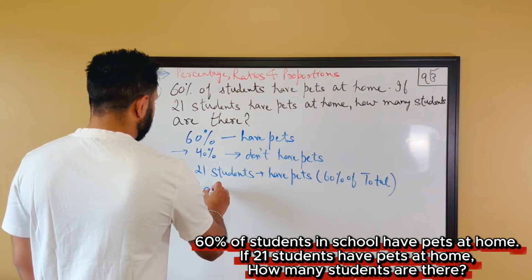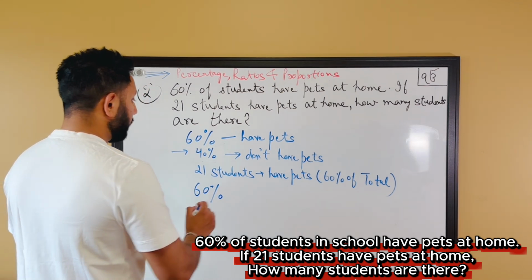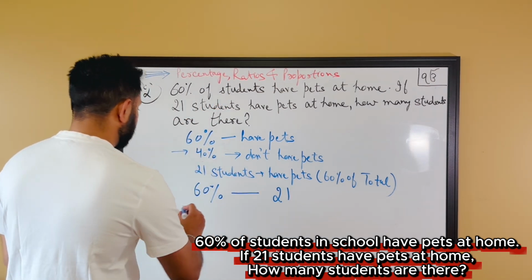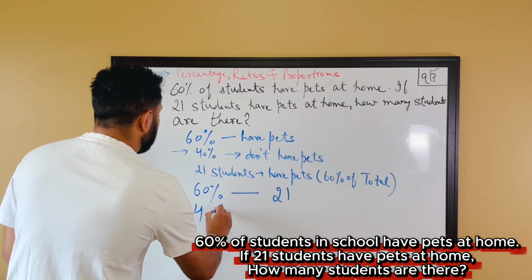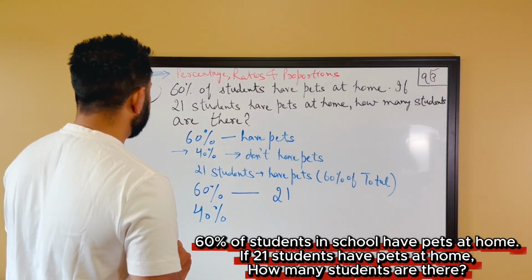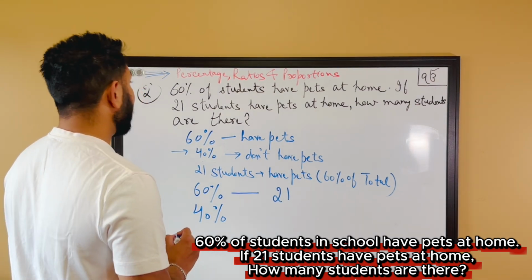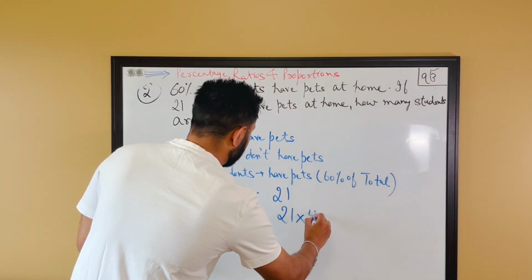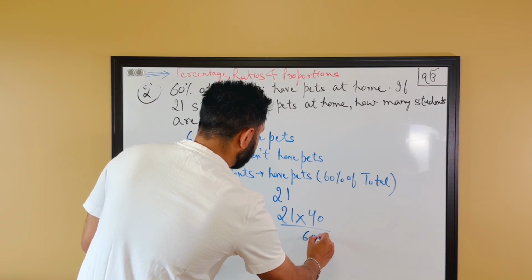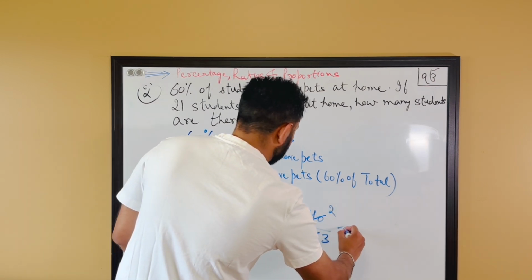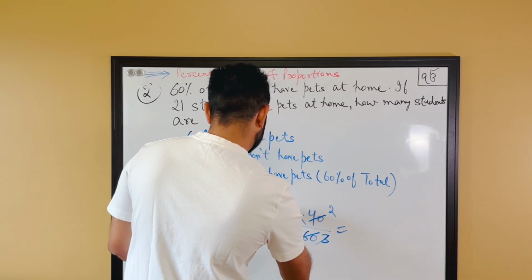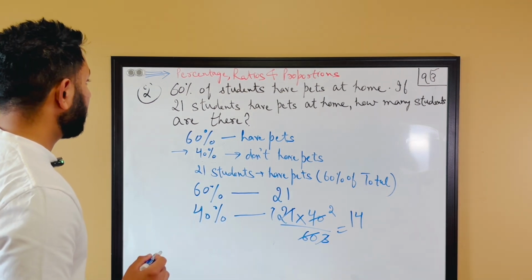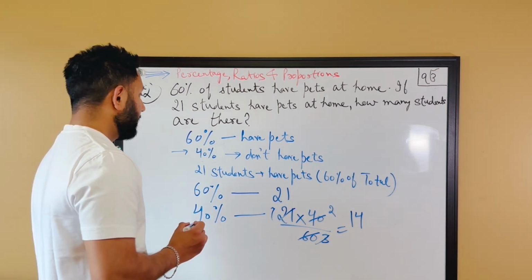So the 60% of the students have pets at home, which are 21, and 40% of the students do not have pets at home. So how are we going to calculate it? 21 into 40 divided by 60, which is 14. So that means 14 students do not have pets at home.